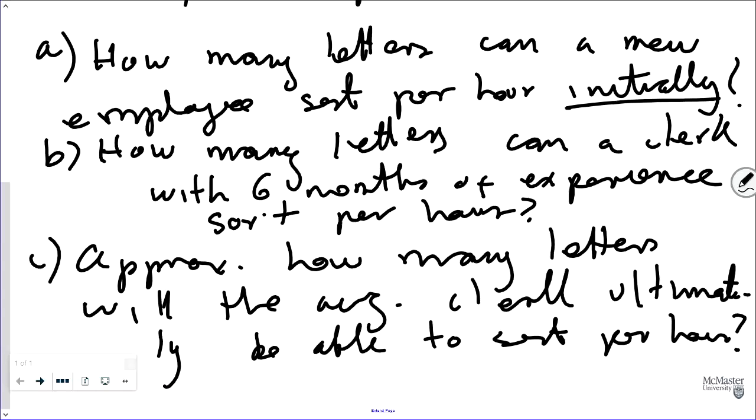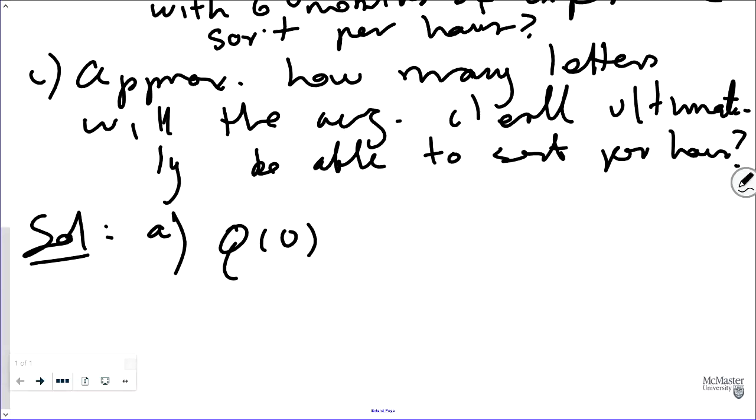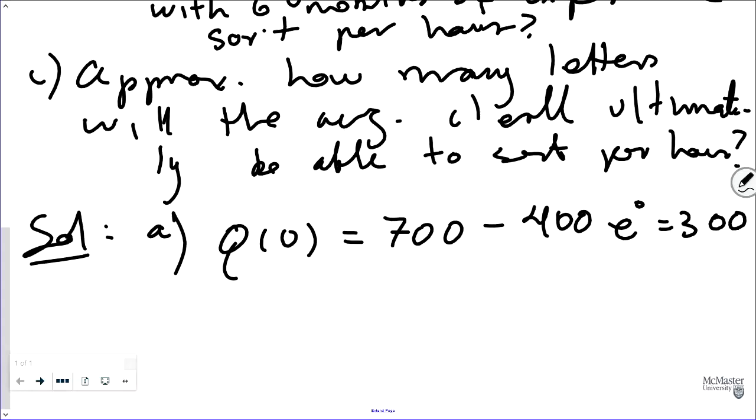So, of course we won't be able to finish the problem, but we can do some posing of the problem. Initially, if you plug in the value, it is 700 minus 400 times e^0, so you have 300.